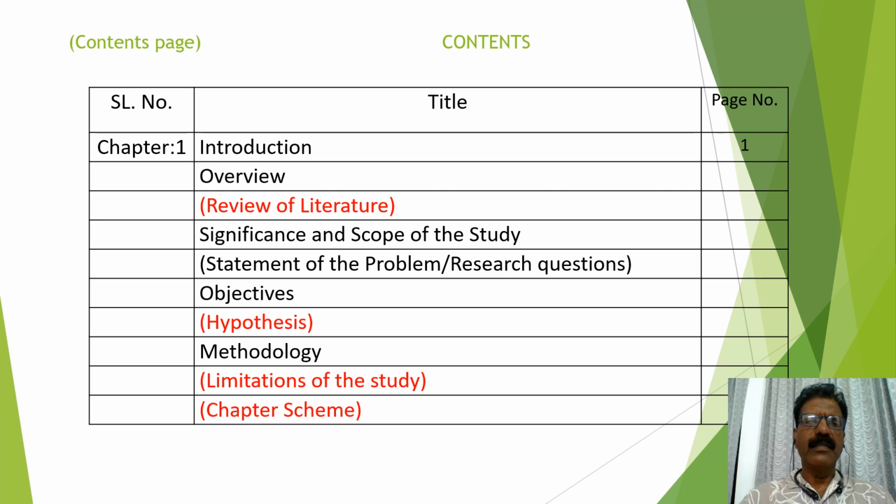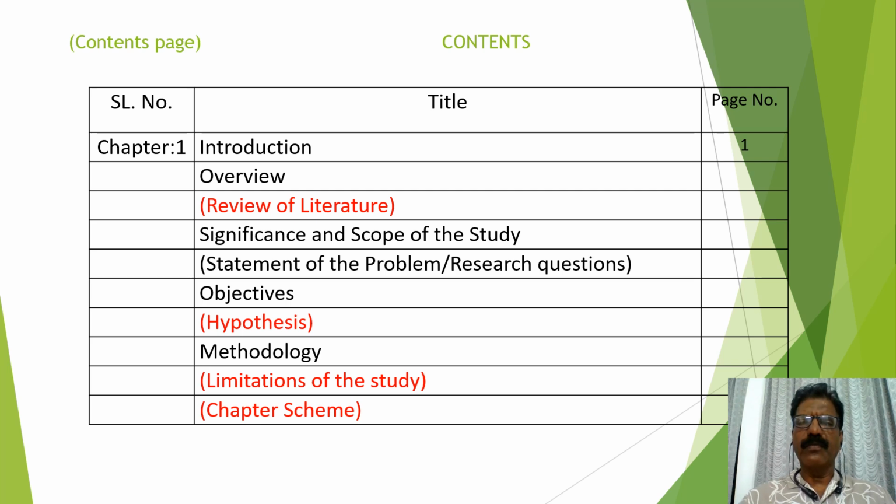In our content page, first comes chapter 1, which is introduction. An overview of the topic must be given. Then comes review of literature, which can be omitted for the 10th and 12th level. Then comes the significance and scope of the study, which is very important.